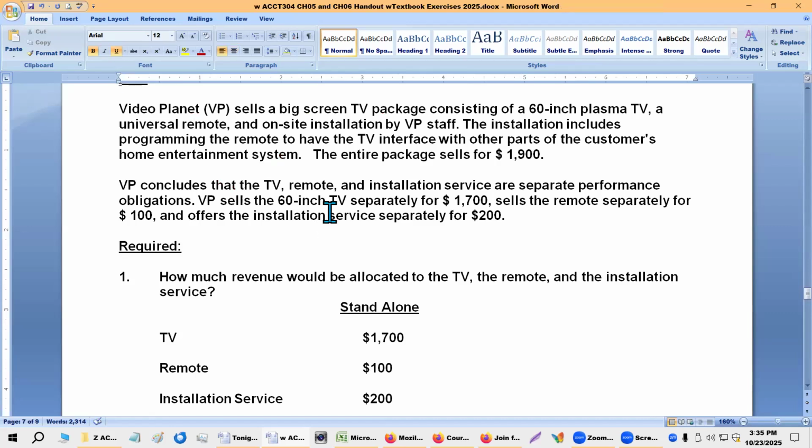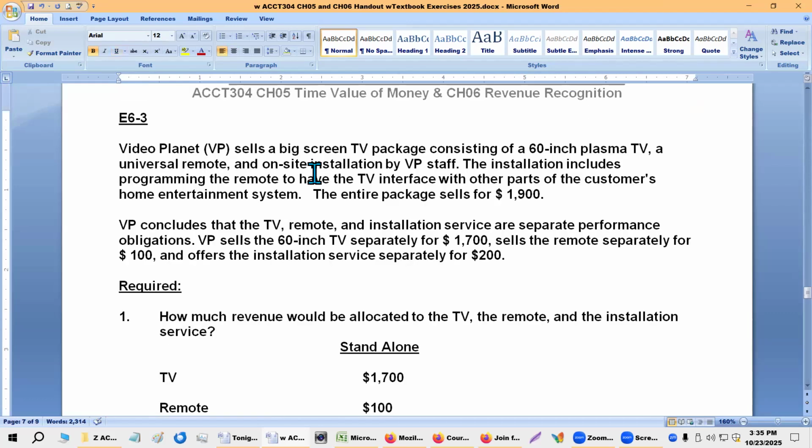All right. This is one where we have to split up the costs of each of these. Okay, so Video Planet sells a big screen TV package consisting of a 60-inch plasma TV. Do they even make those anymore? I don't know. A universal remote and an on-site installation by VP staff.